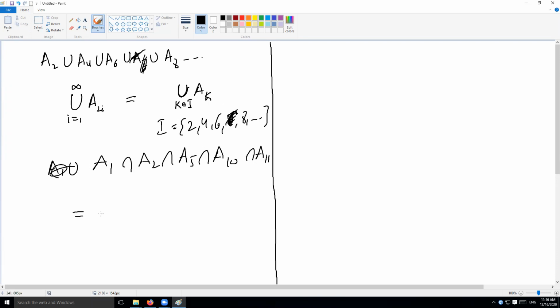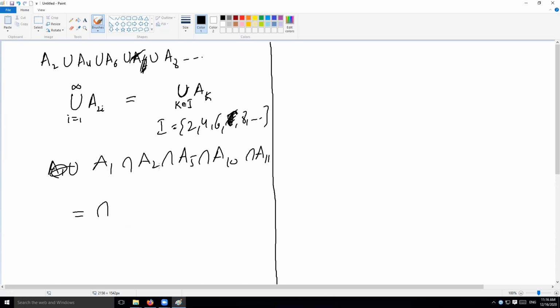So can I write it in a single intersection? What would be the way to write this in a single intersection? Will someone tell me? Let's take the intersection.